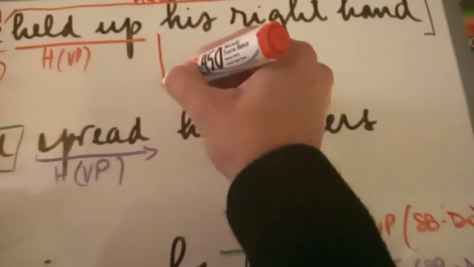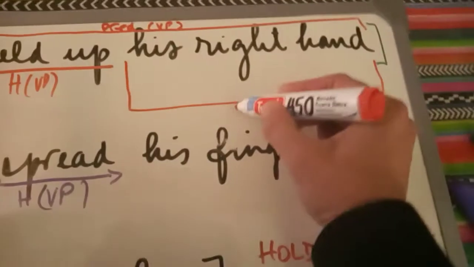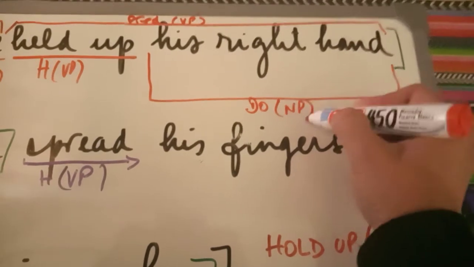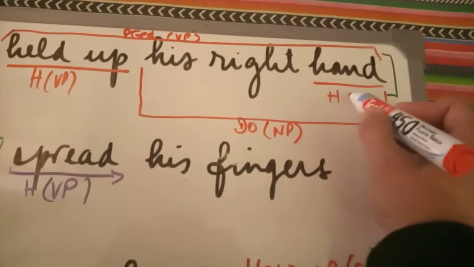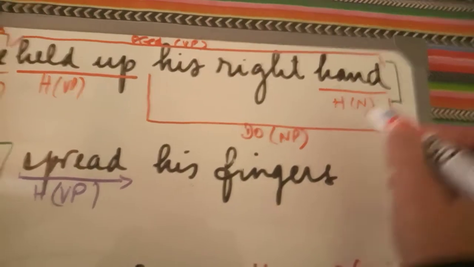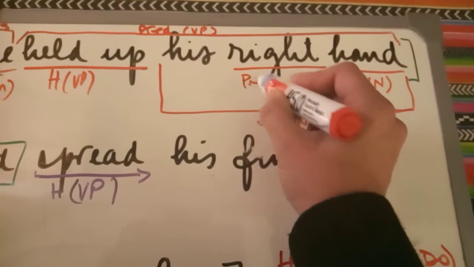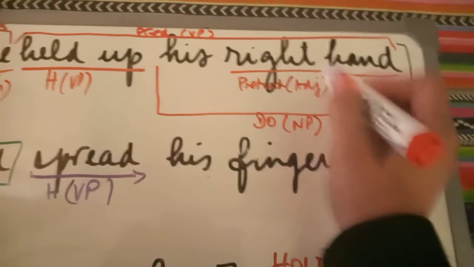Over here we find the direct object required by the verb, which is a noun phrase, okay? Hand is the head, which is a noun. Right is a pre-modifier, which is an adjective.